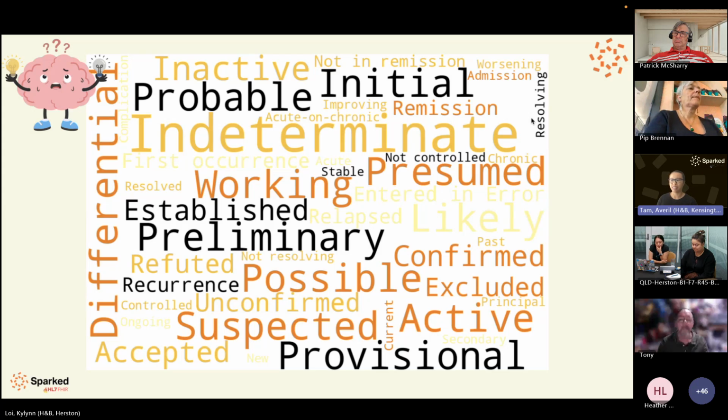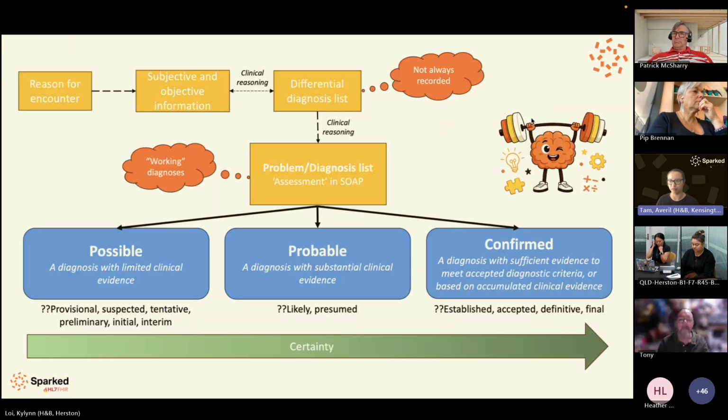There were other statuses and qualifiers which spoke about progression, trajectory, resolution, some about recurrence, relapse, remission, and then in the chronic disease context, the level of control, as well as episodes and different courses like acute, chronic, or acute on chronic. So it's a real puzzle at the moment. If we go to the next slide, we'll see if we can work through that.